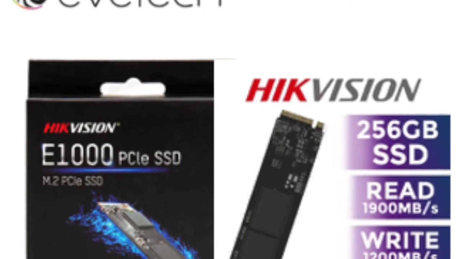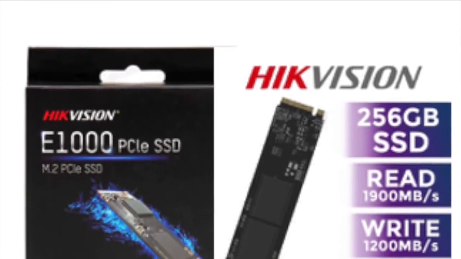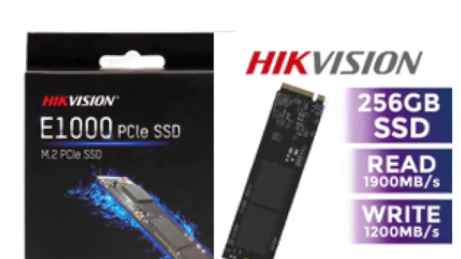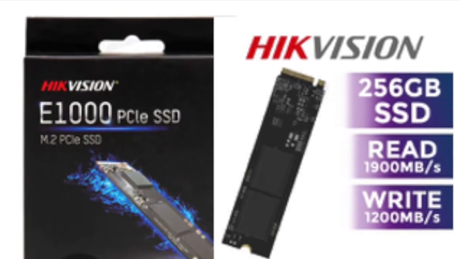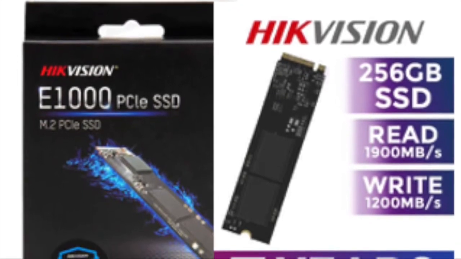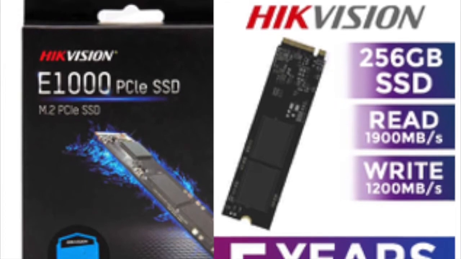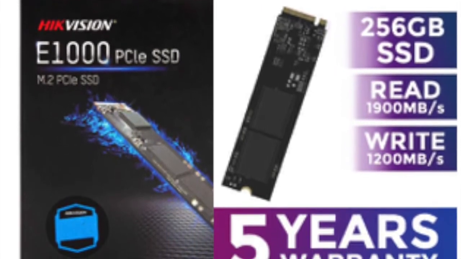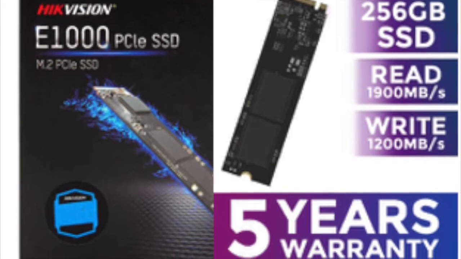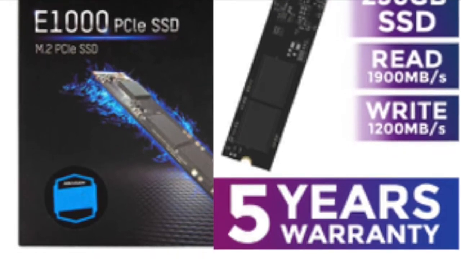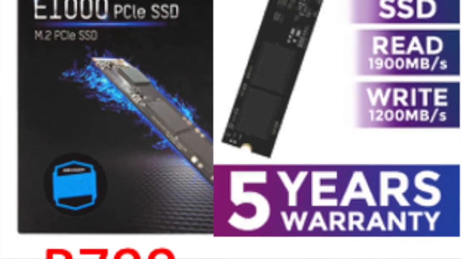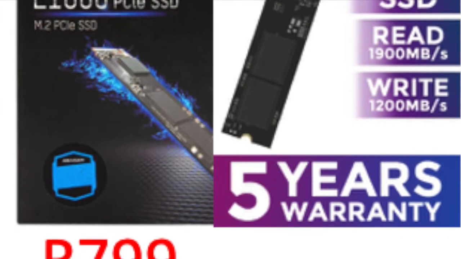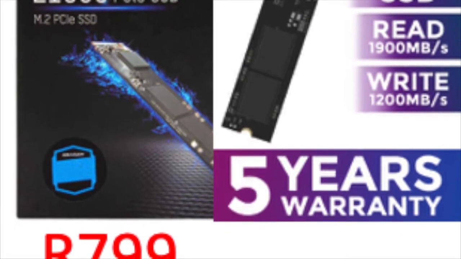It has a read and write speed of 1,900 megabytes per second and 1,200 megabytes per second respectively. It has a 5-year local warranty, but on specifications it says 3, so you have to contact EveTech to find out the actual warranty, but I think it's 5 years. It costs 799 rand on EveTech separately.